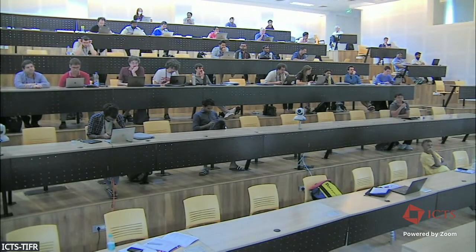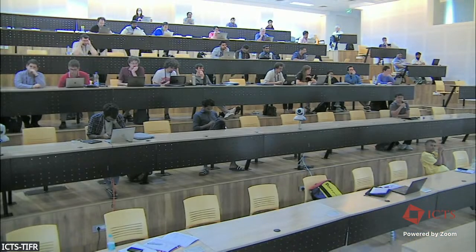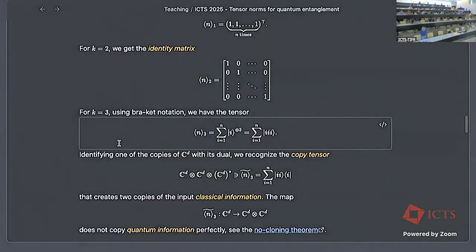So this copy tensor goes from 1 copy to 2 copies, and the tensor itself has just 3 legs. So this 1 plus 2 equals 3.